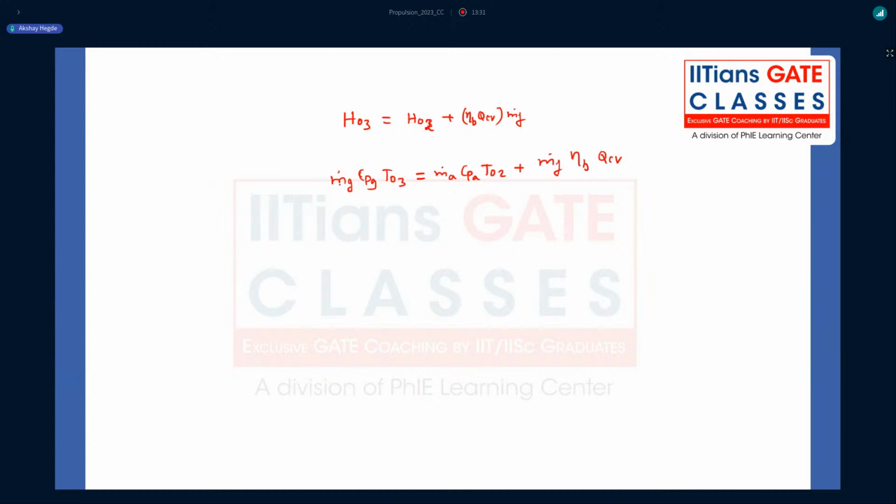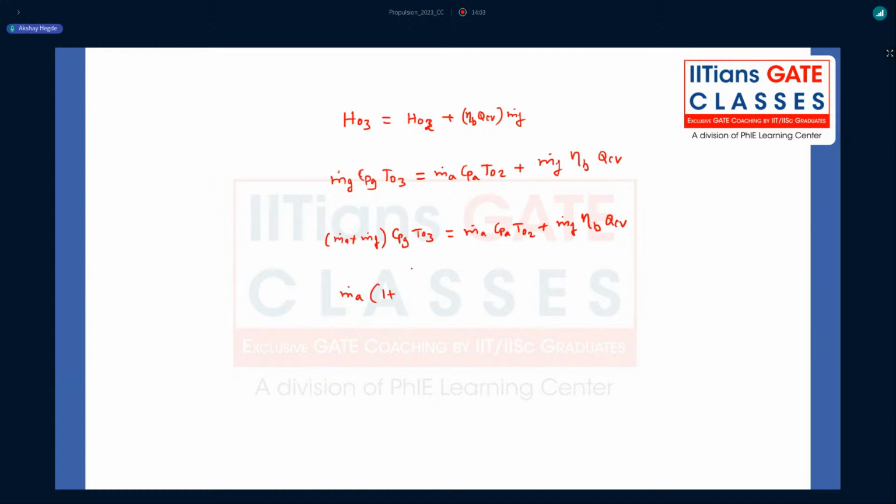Now I can write m dot of G using continuity as mass flow rate of air plus mass flow rate of fuel, times CPG T03, equal to mass flow rate of air times Cp of air times T02 plus mass flow rate of fuel times combustion efficiency times QCV.